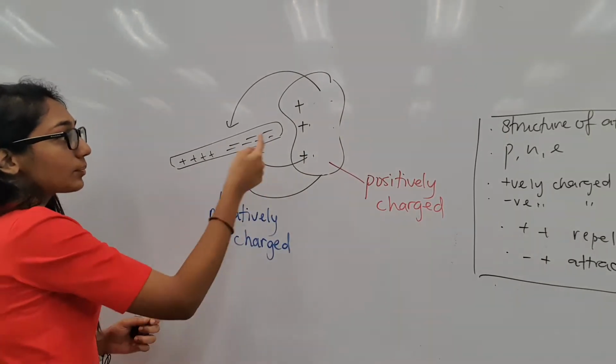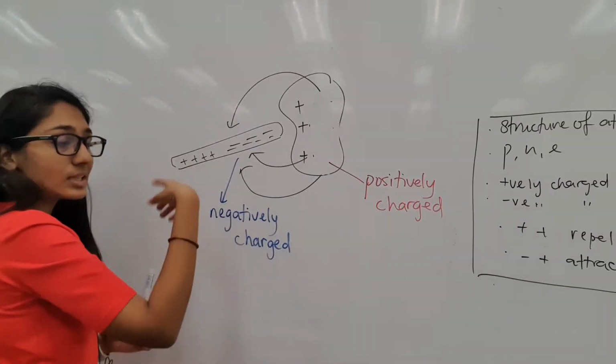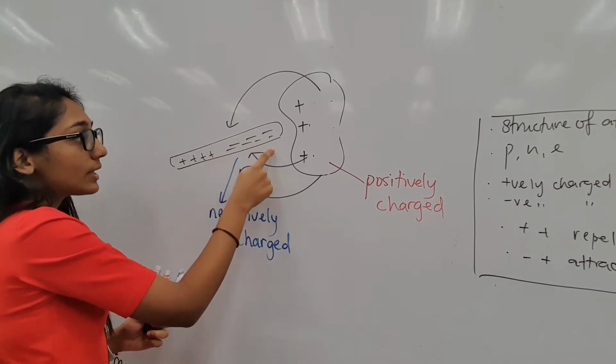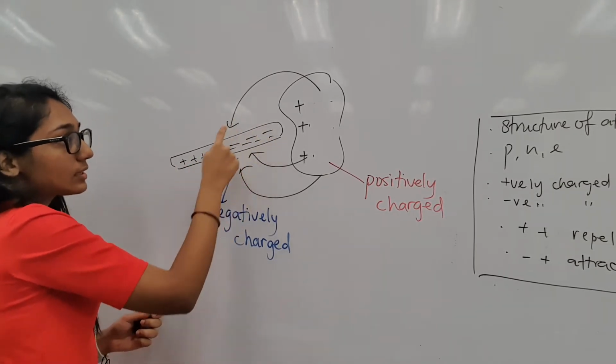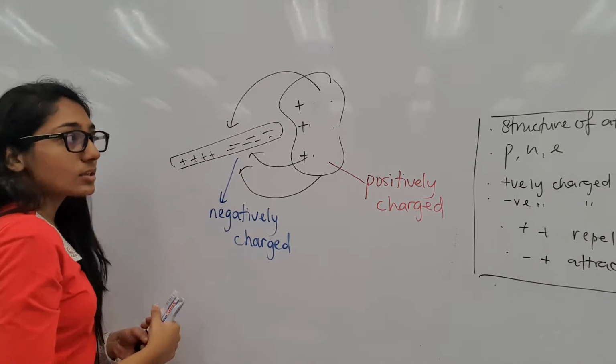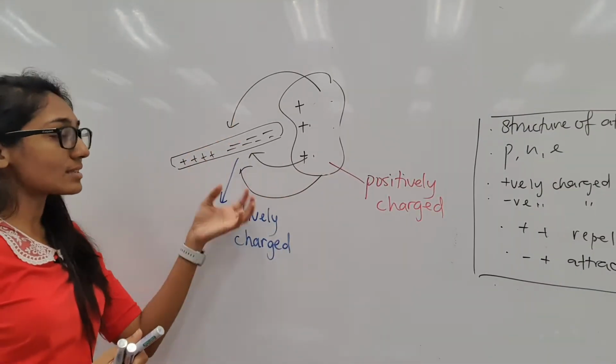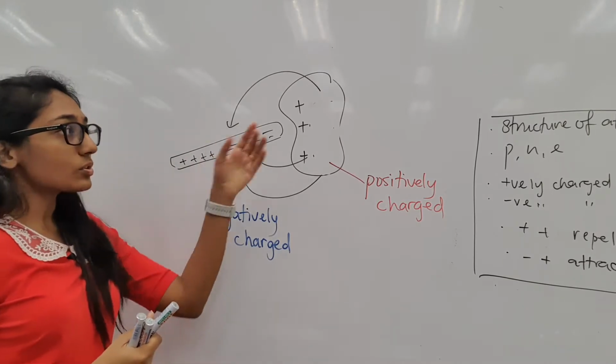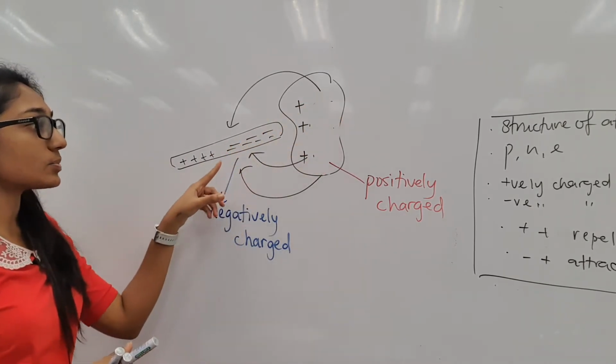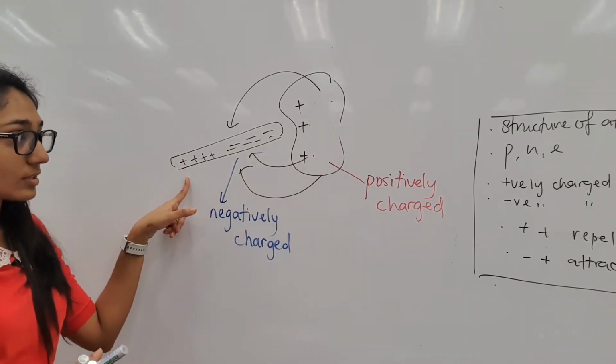Whereas the rod, because it has received the electrons and there are more electrons than protons, is now negatively charged. So the cloth has donated the electrons and the rod has received the electrons.